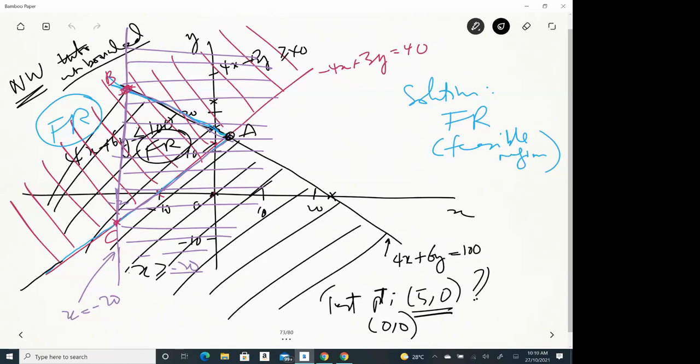I have to write them down because I could not see this afterwards. You don't have to write down; you write down afterwards. Negative 4x plus 3y, plus 3y bigger or equal to 40. And then I have 4x plus 6y.